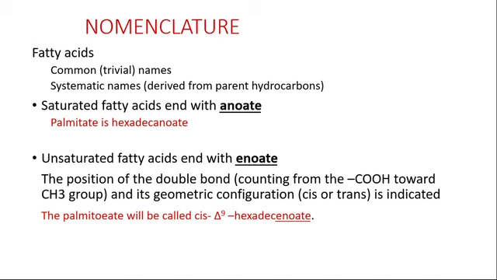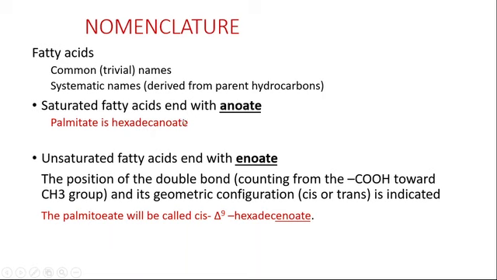Now coming to the nomenclature, in terms of organic chemistry or IUPAC, they all have common names and they have systematic names. If you look at the saturated fatty acids, the name will end with -anoate, and you see palmitic acid, the common name is palmitic acid, whereas the systematic name is hexadecanoate.